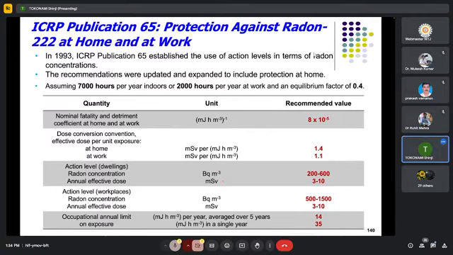Action levels in workplaces, radon concentration is 500 to 1,500 becquerel per cubic meter. The corresponding annual effective dose was calculated to be 3 to 10 millisievert per year.